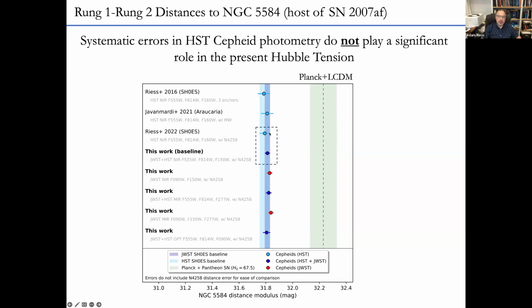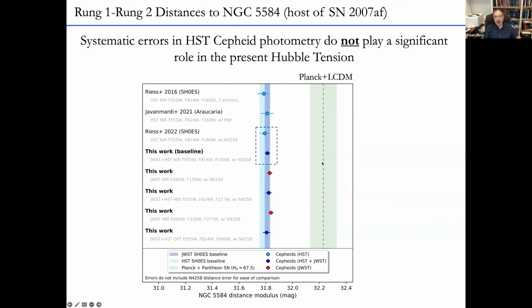Based on our 2022 analysis shown here, there's an independent group, the Araucaria project, completely independent from SH0ES, which went and grabbed the original pixels from the HST archive, used different methods and measured the distance to the galaxy using the Cepheids in very good agreement here. And then now using JWST and different combinations of bandpasses with JWST, all of these are quite consistent.